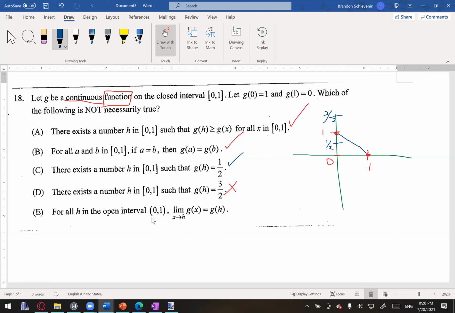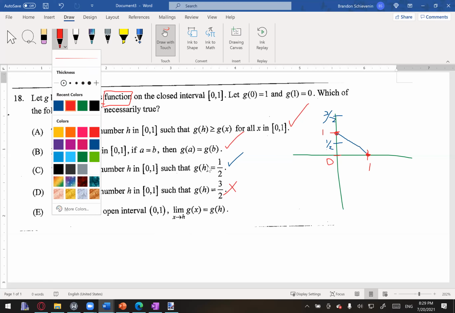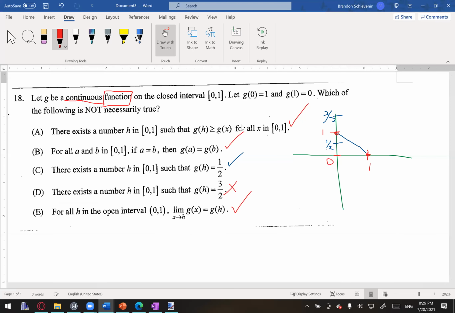And the last one, for all h, our general limit is equal to the point itself. That's my definition of continuity, and because we are told we are continuous, that must be true as well. It has to be an open interval. The reason why they rewrote their interval notation like this is because in interval notation, parentheses mean not included.